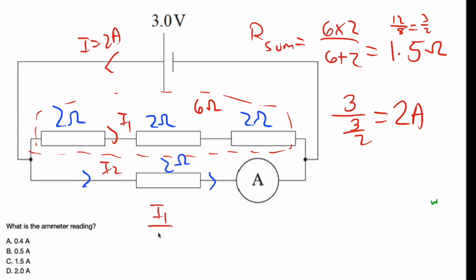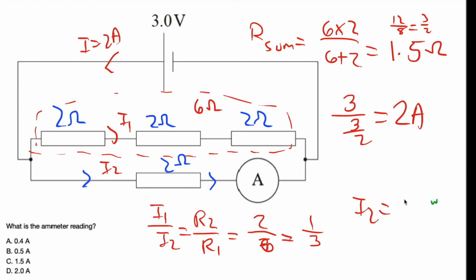So I1 over I2 is going to be equal to R2 over R1, which is equal to 2 over 6, which is 1 over 3. So you can imagine I has 4 parts, right? Then I2 is just going to be equal to 2 times 3 over 4, which is equal to 1.5 ampere. So the answer is C.